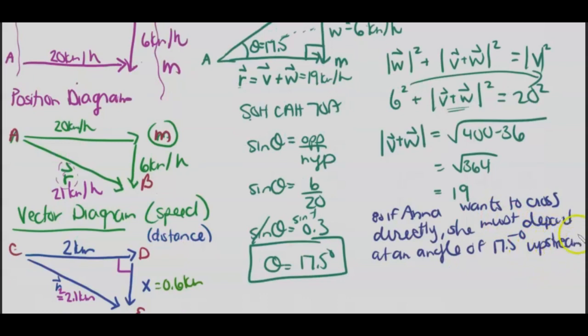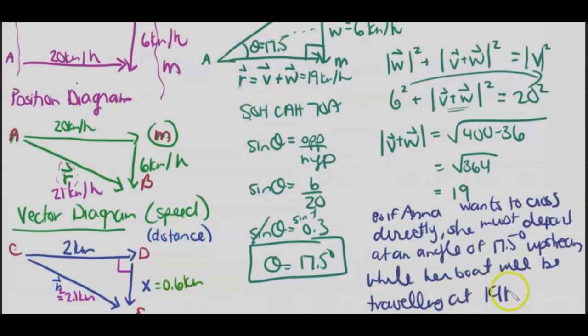That's assuming that the current is going downstream. That makes sense. While her boat will be traveling at 19 kilometers per hour. So even though she's going 20, because she's getting pushed at a rate of 6 kilometers per hour in a different direction, it actually slows her down.